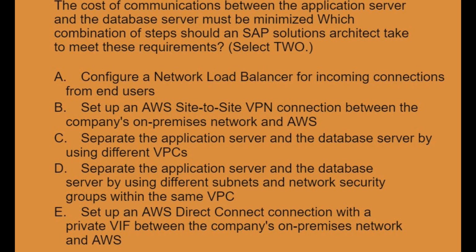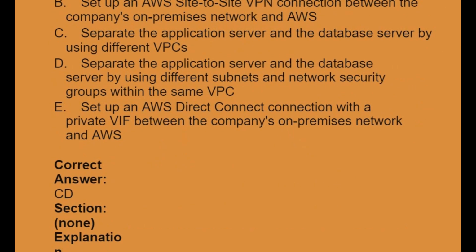Option D. Separate the application server and the database server by using different subnets and network security groups within the same VPC. Option E. Set up an AWS Direct Connect connection with a private VIF between the company's on-premises network and AWS. Correct answer is option C and option D.